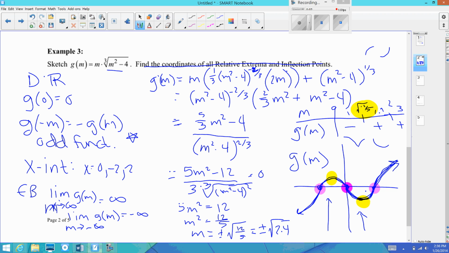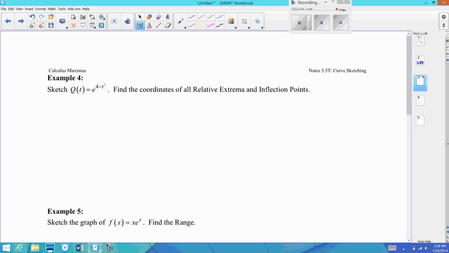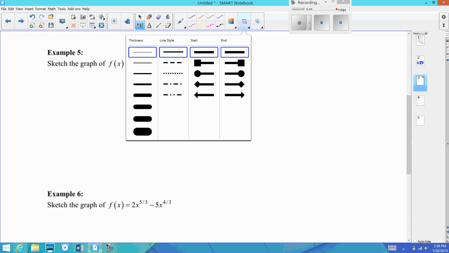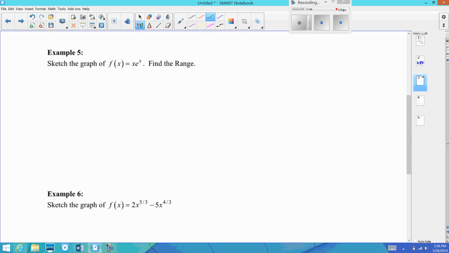So another one I thought would be pretty good would be example 5. I'm going to change my color up here. On this one, it's not going to have any symmetry. The domain is all real numbers. We can look at the derivative.